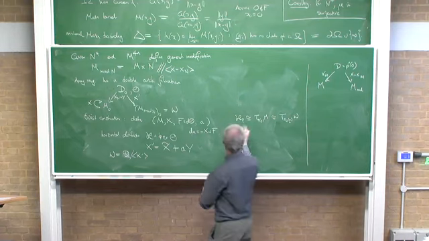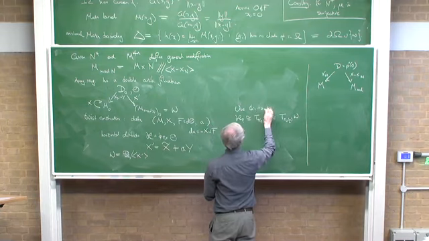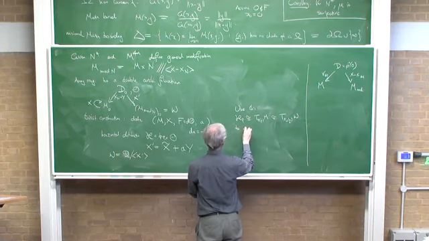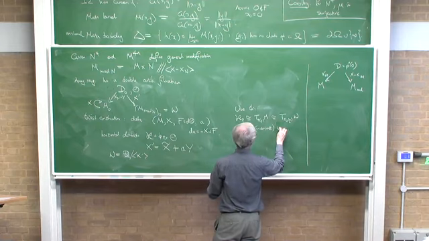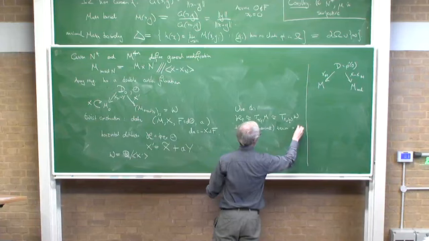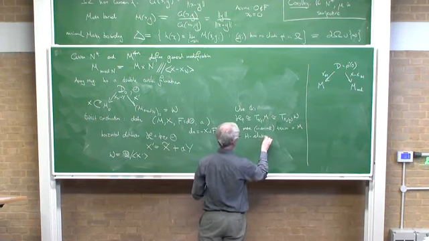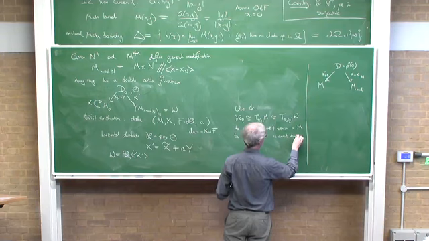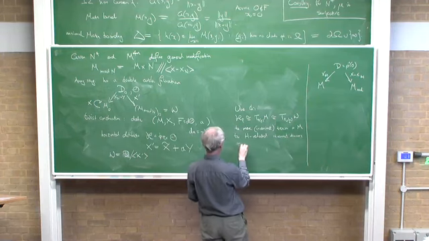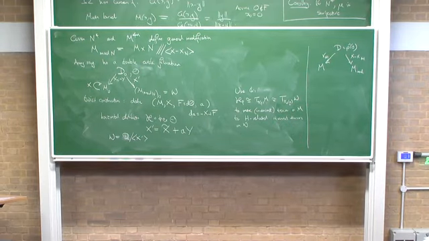So we use this to move invariant tensors on M to what I call H-related invariant tensors on W. And it's a concrete situation, so you can do all calculations and so on.